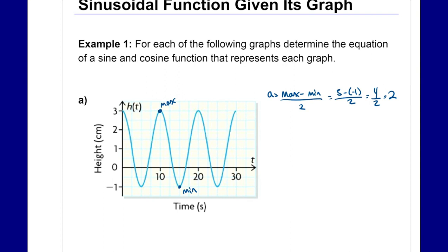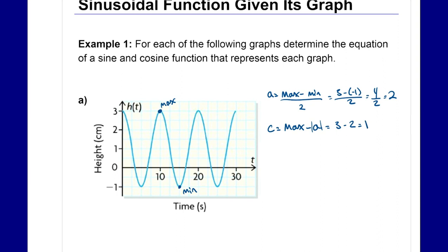Next, I'm going to find the midline. So my midline, or my C value, is going to equal the maximum minus the absolute value of A, which is 3 minus 2, which equals 1.